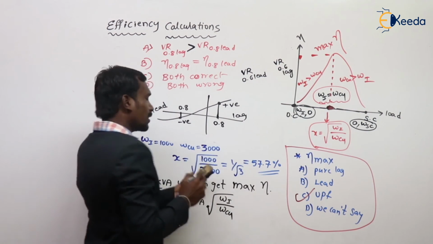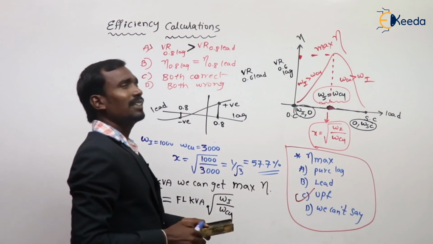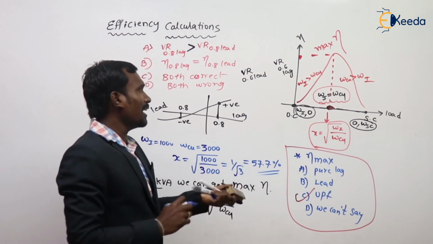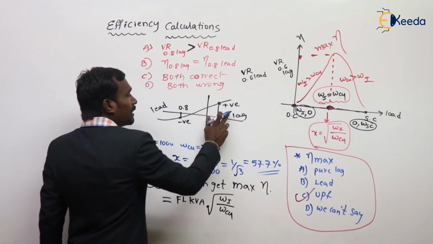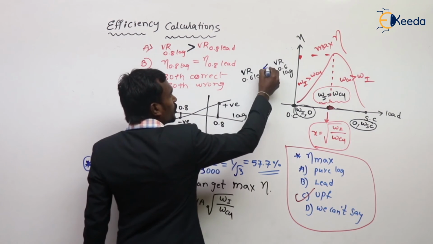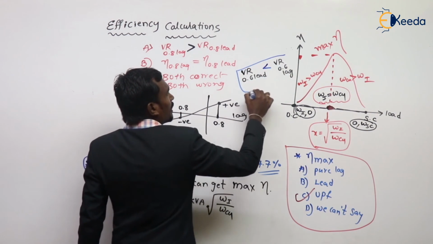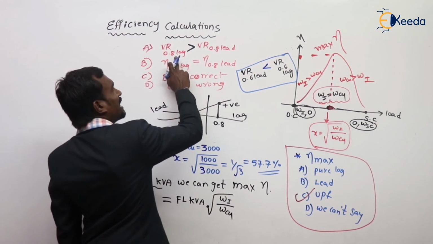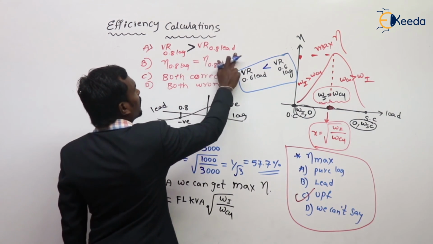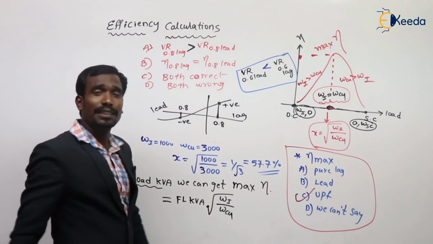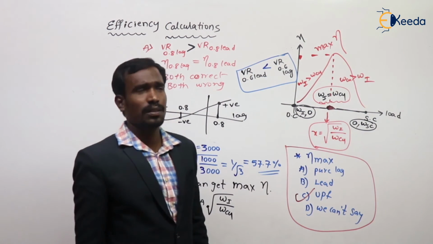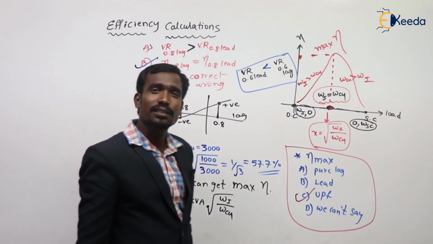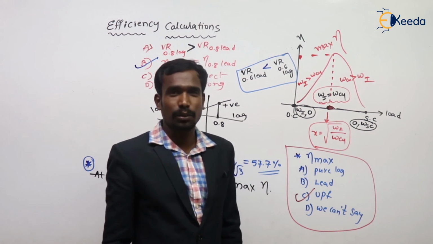Now tell me, equal, greater than, less than, or none of the above? Which is the correct answer? Always in lagging, voltage regulation is greater than the leading for the same power factors. But the efficiency is the same for lagging and leading loads.